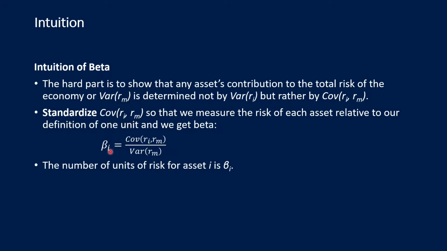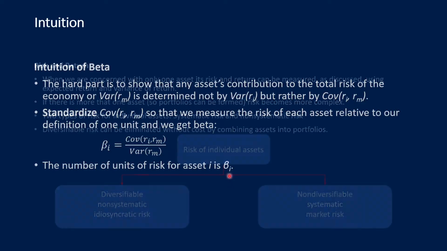The beta of the individual asset is the covariance that we wanted to standardize, and we standardize it by the variance of the market. So covariance of the individual stock and the market divided by the variance of the market. The number of units of risk for asset i is then beta i.